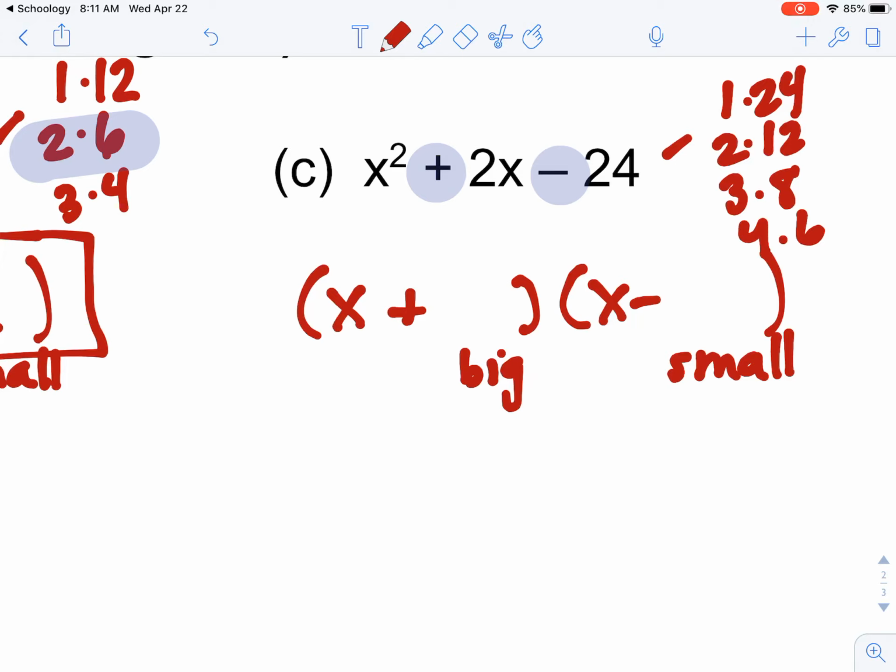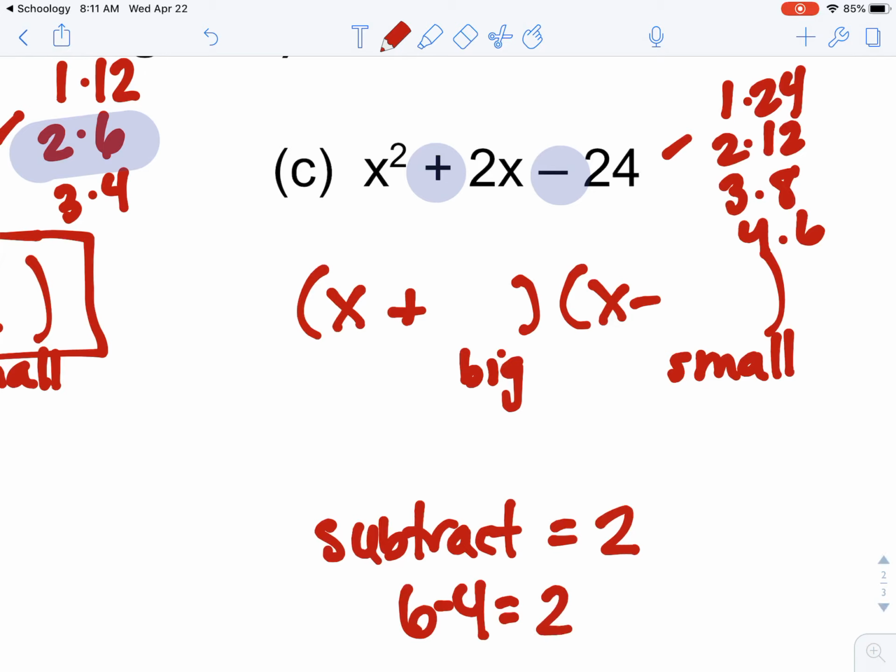All right? So I'm looking for factors of 24 that subtract to equal b. So b is 2. So 6 minus 4 equals 2. So I know I'm going to use these numbers. I'm going to put the bigger number first with the plus sign and the smaller number with the minus sign.